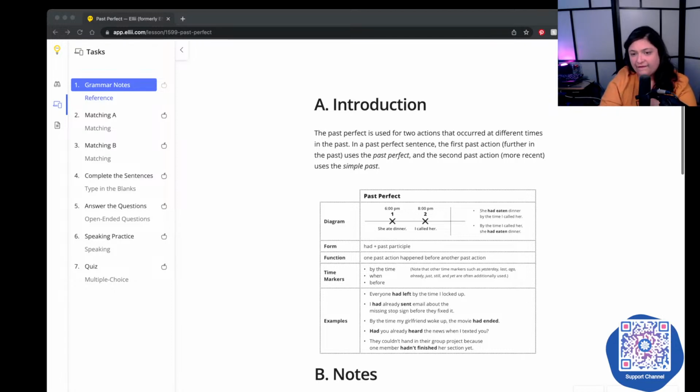So the first past action uses the past perfect. And the second past action will use the simple past conjugation. So let's take a look here.